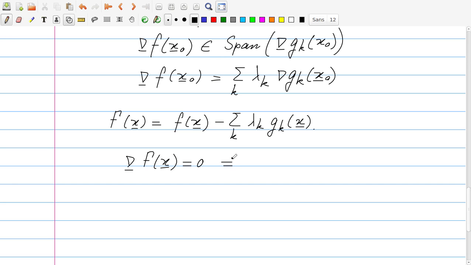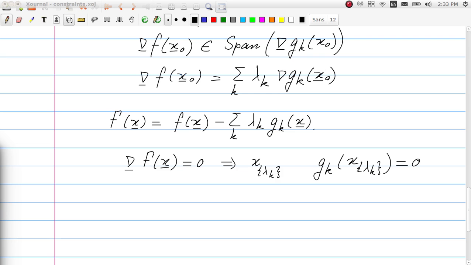That gives a solution which depends on the lambda k's we have chosen, so we have an x which depends on all the lambda k's, the point for which this gradient vanishes. We put that x into all the constraints, and require that it lies inside the constraint space, and that fixes the values of the lambda k's.